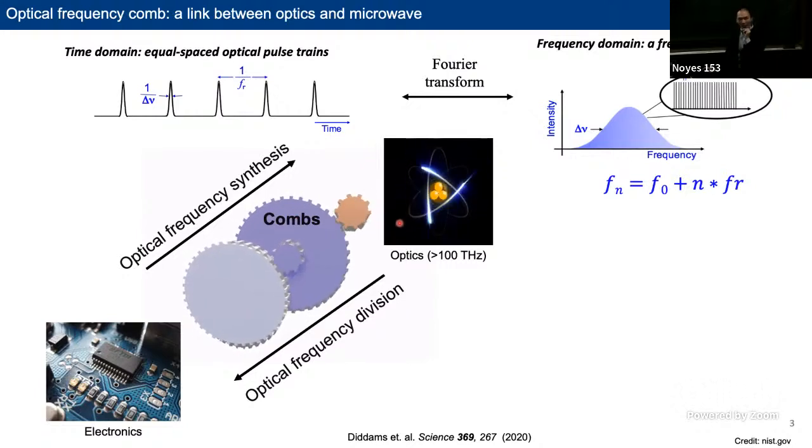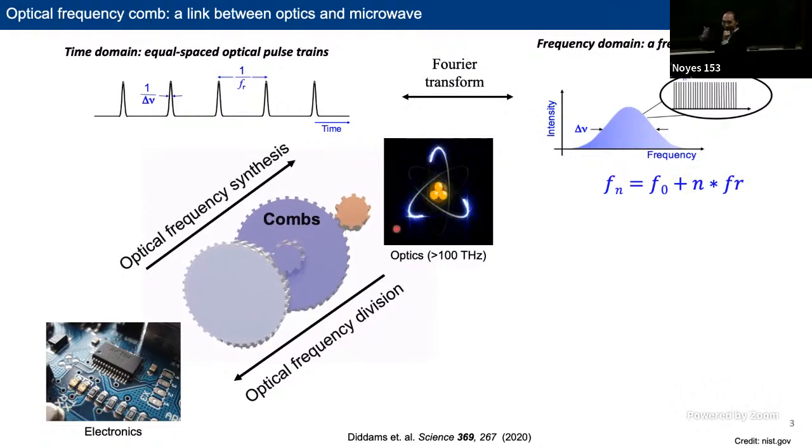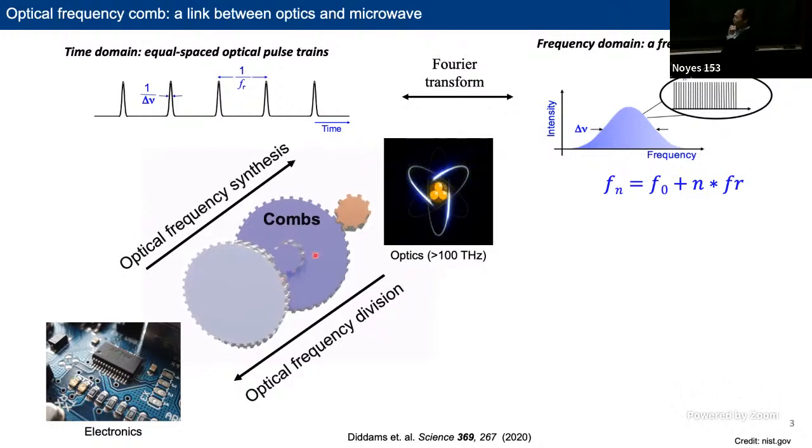If you adapt those techniques with some other tricks, you can down convert those. For example, you can take the beat note between the comb lines of this optical frequency comb. You can down convert this reliability or stability in the optical domain to the radio frequency domain. And this process is called optical frequency division.